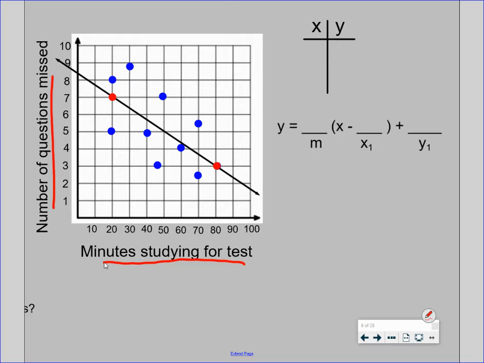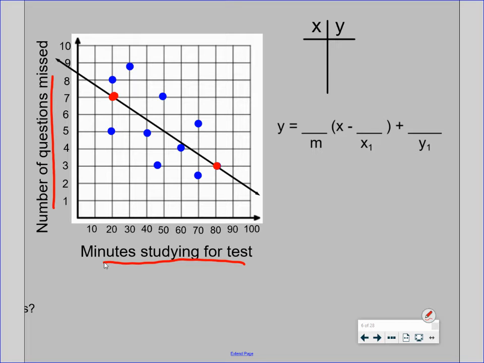And let's go ahead and write what the coordinates are for these red dots, because we're going to actually write the equation of the line that best fits this data. So these dots here, the red ones, let's write them over in our table.